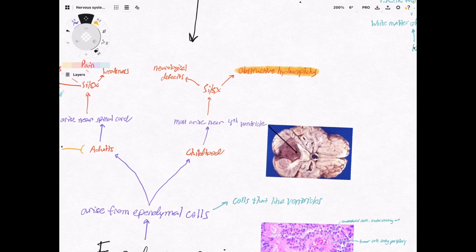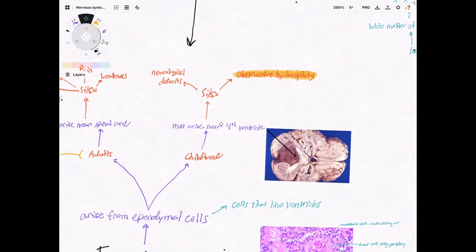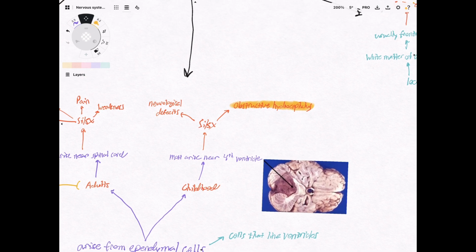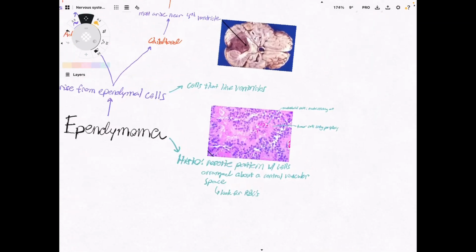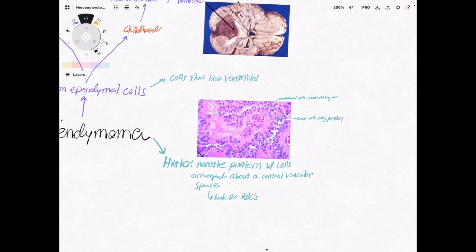In childhood, on the other hand, it's going to arise near the fourth ventricle. So again, the fourth ventricle is where the CSF is created. So if it arises there, it can very easily cause obstructive hydrocephalus. And again, obviously neurological deficits since it's in the brain. On a histology image of an ependymoma, we're going to see a rosette pattern with cells, okay?